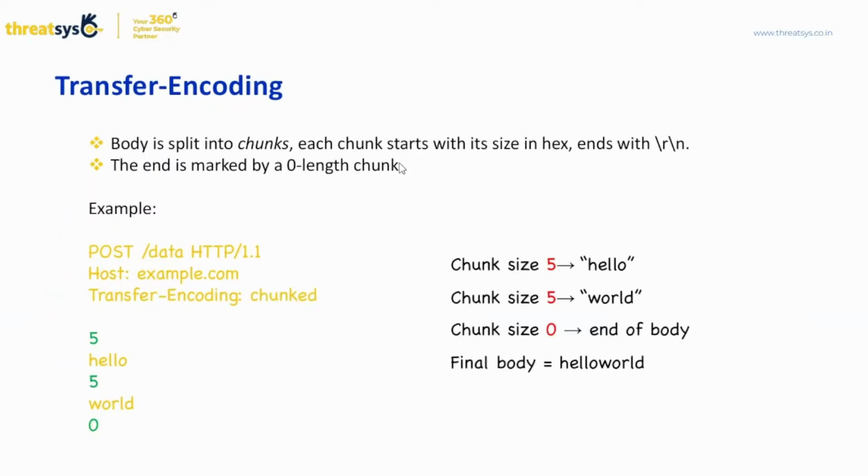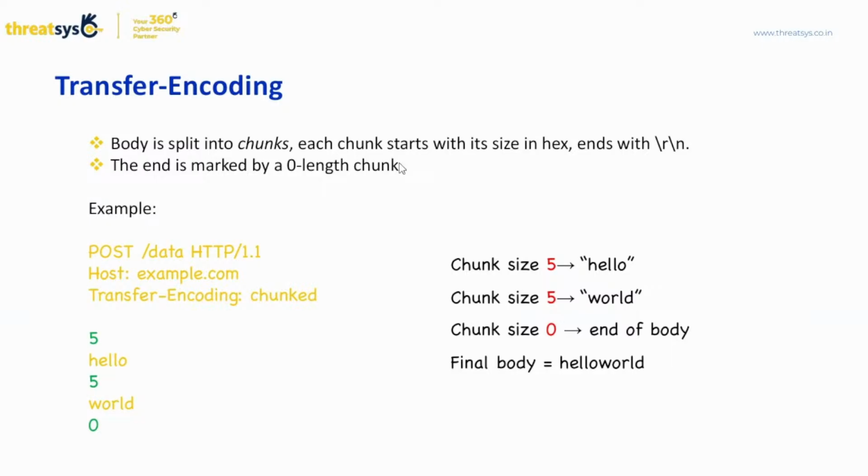Another format is transfer encoding. This is the same POST request where we are passing hello world, but this time we first pass the chunk value, which is a hex value. First 5 is passed, then the server reads hello, then it again reads 5 as the hex value and 5 bytes of data, and reads world.